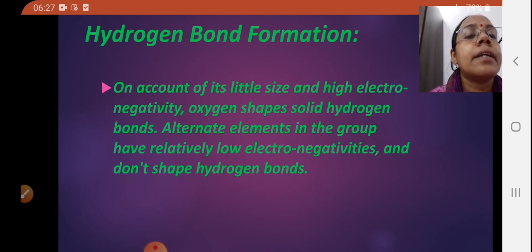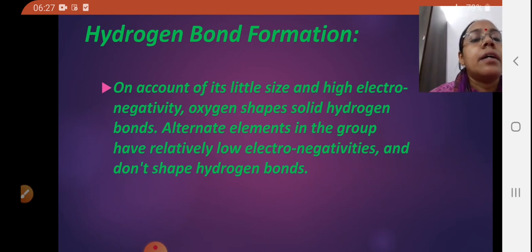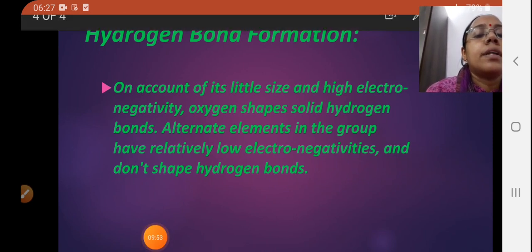On the other side, oxygen forms strong hydrogen bonds, due to its smaller size and its high electronegativity.